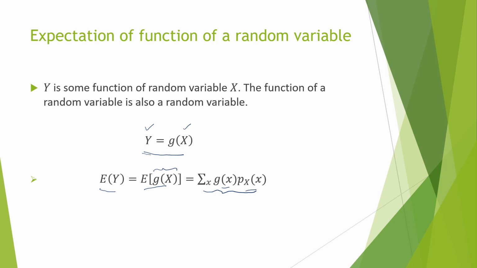Suppose for a simple random variable we have sigma x p_X(x). If this is a function, then simply replace x with the function value, and that is given by sigma g(x) p_X(x). That is all. We are readily adapting this equation to a function.